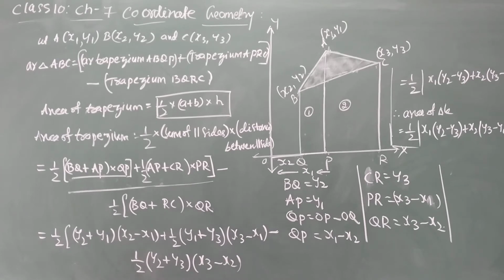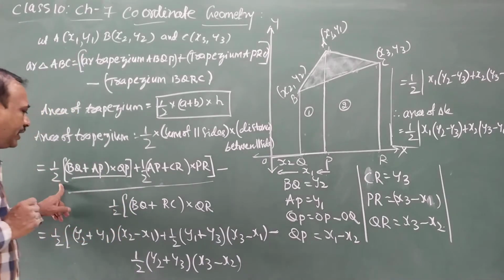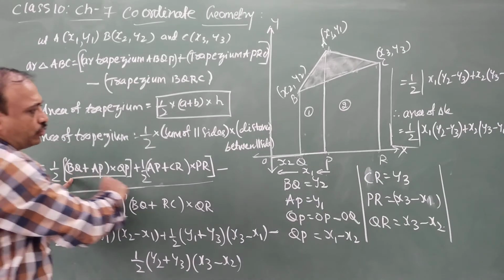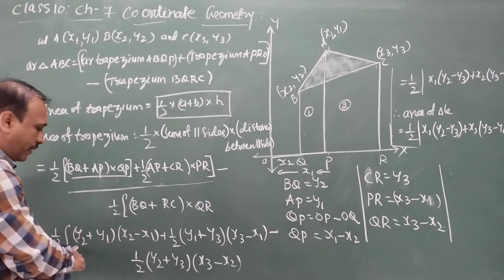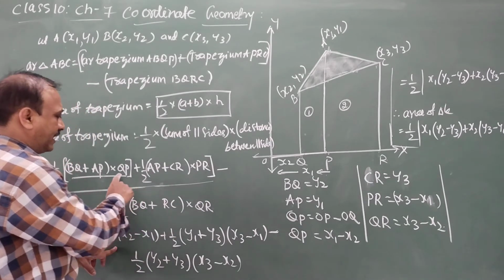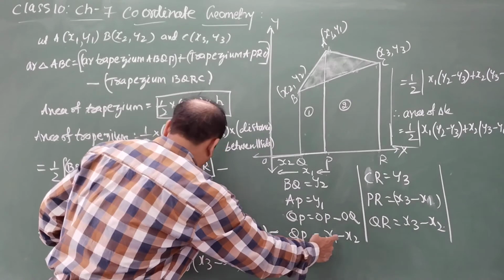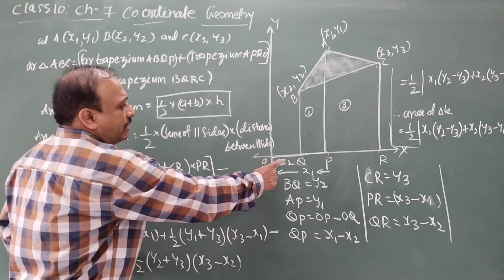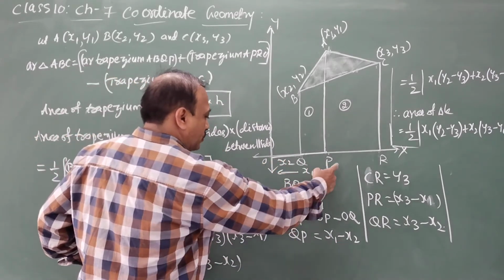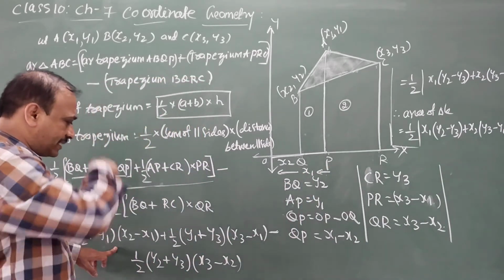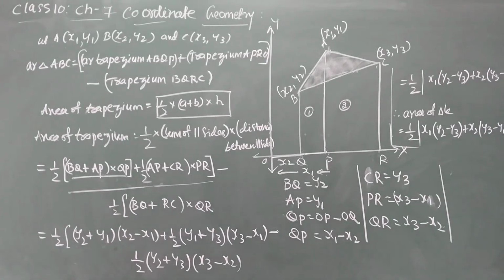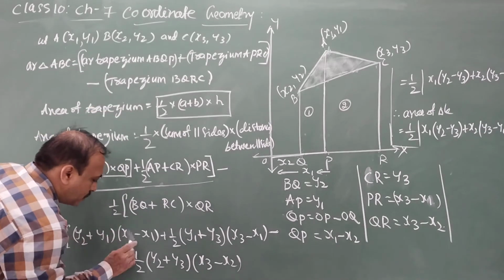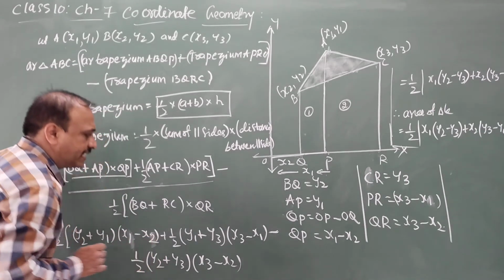By replacing the values: half into (BQ plus AP), BQ is y2 and AP is y1, so y2 plus y1, and QP is x1 minus x2, so x1 minus x2.